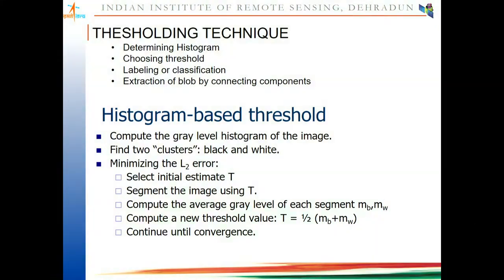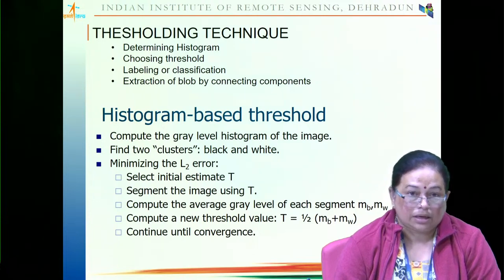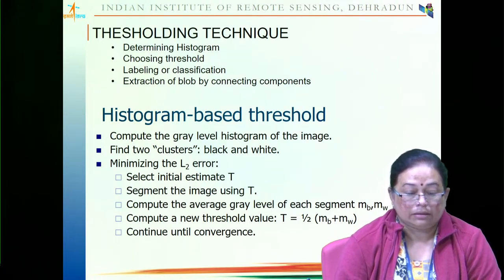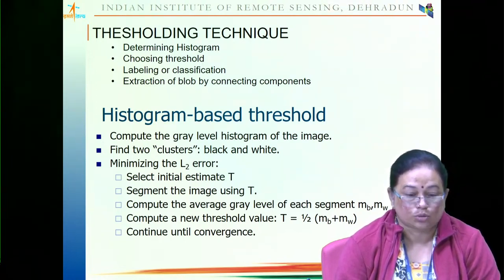In the histogram-based threshold method, the logic is that one computes the gray level histogram of the image, then focuses on finding two clusters or two groups of pixels, beginning with, for example, black and white. Then the error needs to be minimized so that the corresponding clusters are related to similar pixels only.